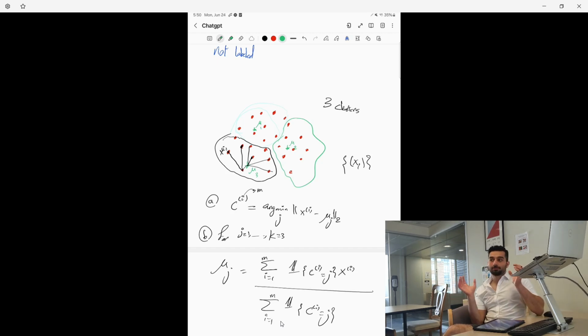This is our initial clusters, right? We have it in the light blue, sky blue, then we have it in green, then we have it in black.